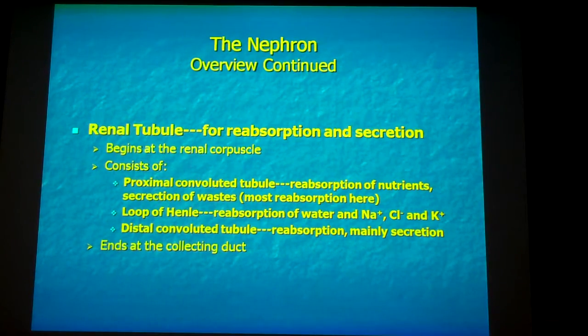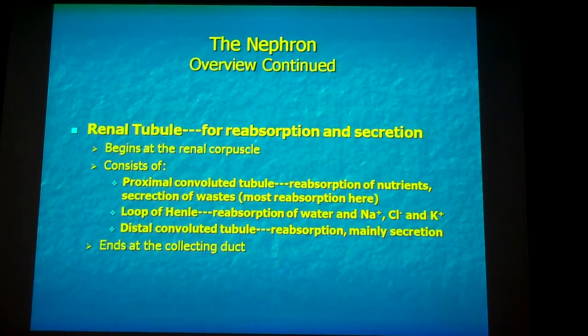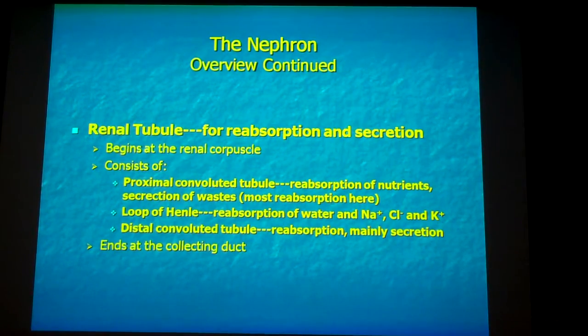All right, so our tubular system then consists of the proximal convoluted tubule, and that's where we're going to reabsorb most everything. We're basically going to reabsorb all the nutrients there and most of the water. Then the loop of Henle. The loop of Henle is only involved with recovery of water and certain minerals, certain electrolytes, sodium, chloride, and some potassium.